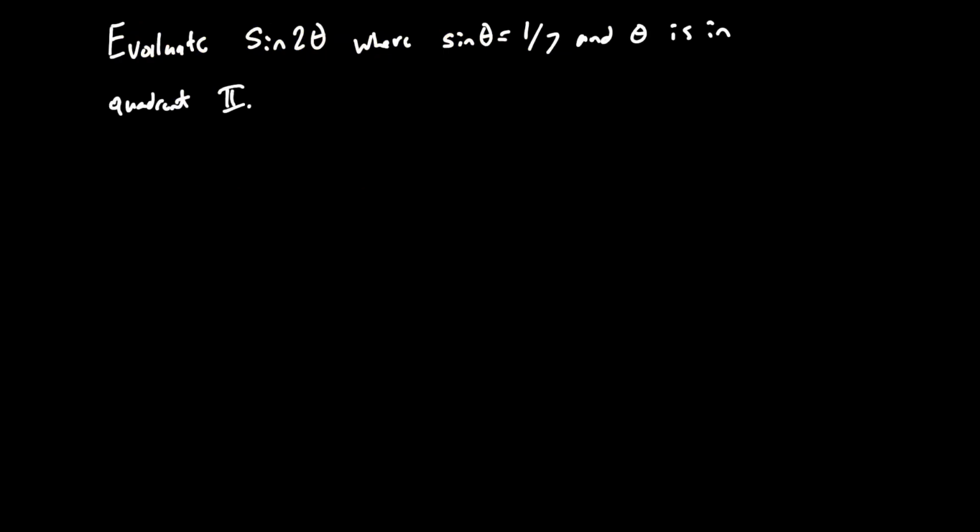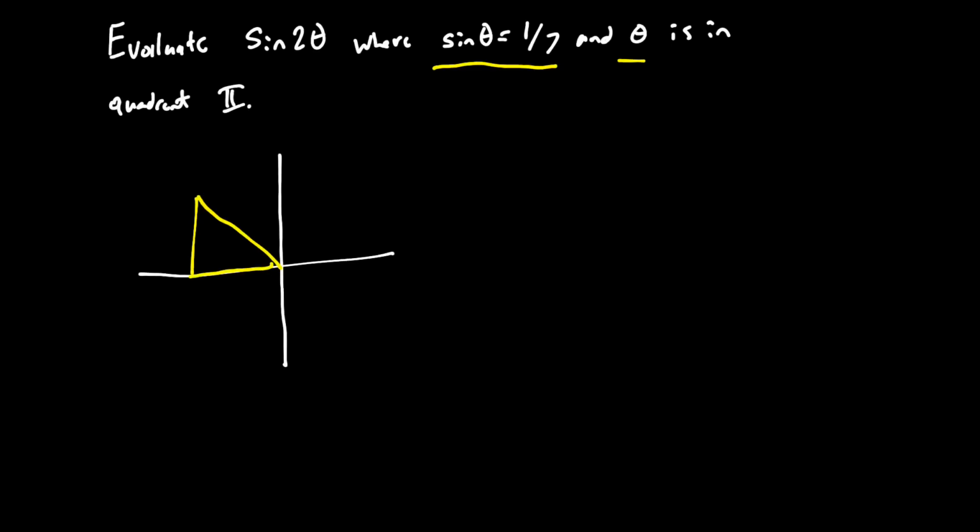And we want to evaluate sine of 2 theta, where we're given sine of theta, and we also know that theta is in the second quadrant. So initially, what we can do is construct our right triangle with this information that's determined by this sine theta and this theta here. The first thing that we know is that this triangle is going to live in the second quadrant, and it's going to have an opposite side length of 1, and it's going to have a hypotenuse of 7, and the angle is given by theta here.